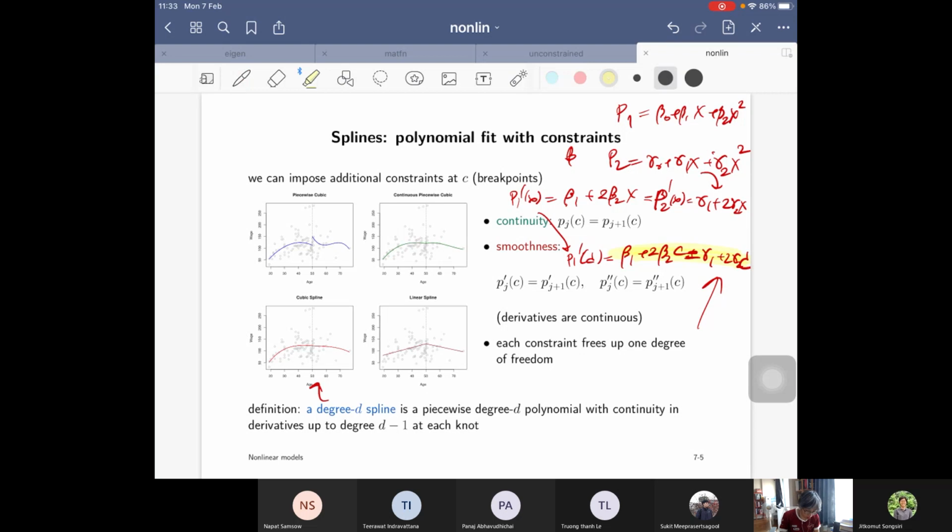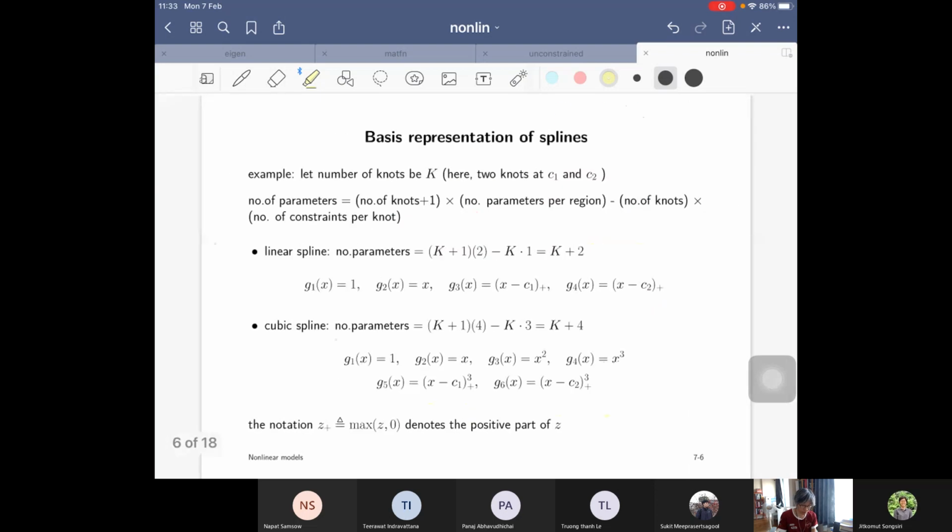We say a degree D spline is a piecewise polynomial of degree D with continuity constraints on f, f prime, and so on, up to the derivative of degree D minus 1 at each knot.